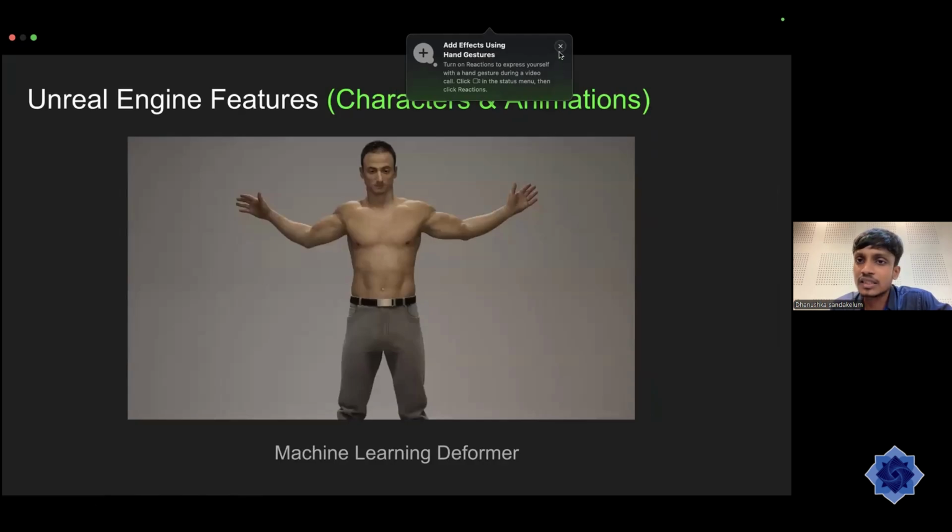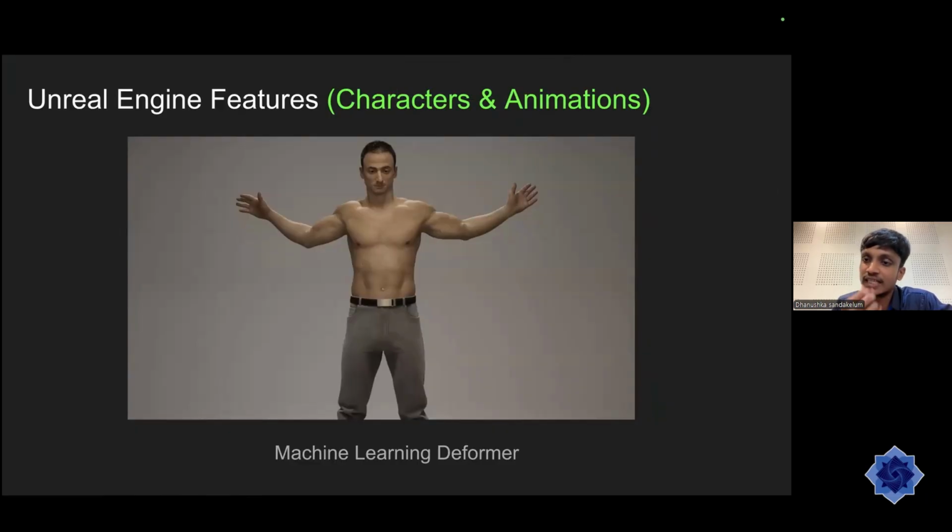And this is another interesting thing, called the machine learning deformer. I think these days ML and AI are getting more popular, so in Unreal Engine as well, they provide such machine learning capabilities. This ML deformer is about simulating the muscle mass in the human body, right?